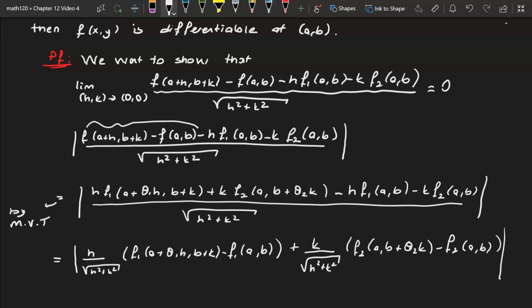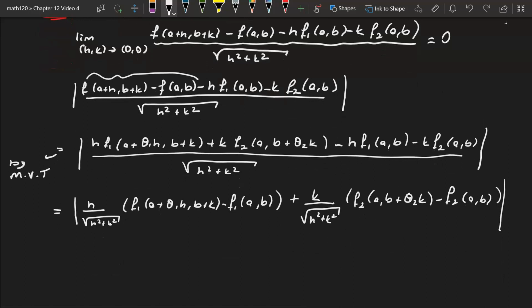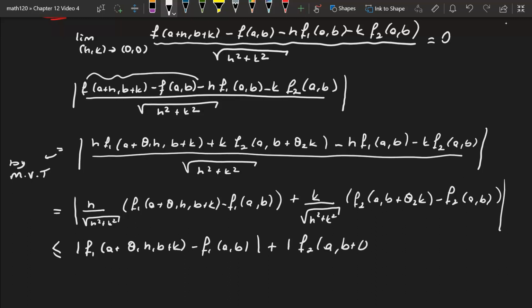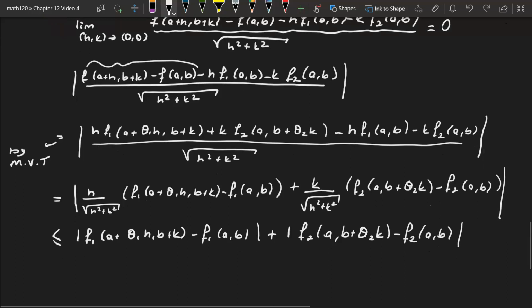And since h over square root of h square plus k square and k over square root of h square plus k square are less than or equal to 1, we have the inequality less than or equal to absolute value of f1 of a plus delta 1 h, b plus k, minus f1 ab, plus absolute value of f2 of a, b plus delta 2 k, minus f sub 2 ab.